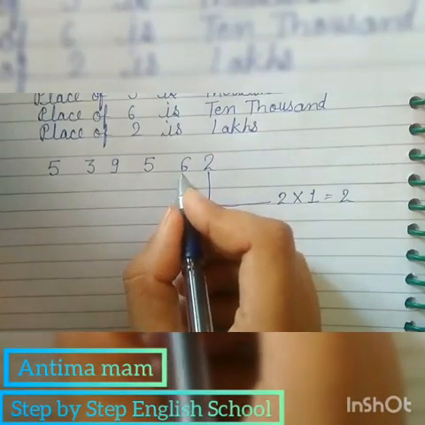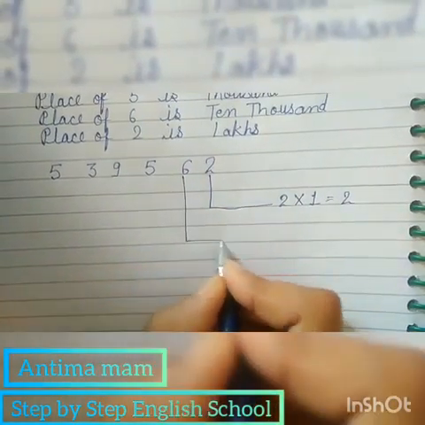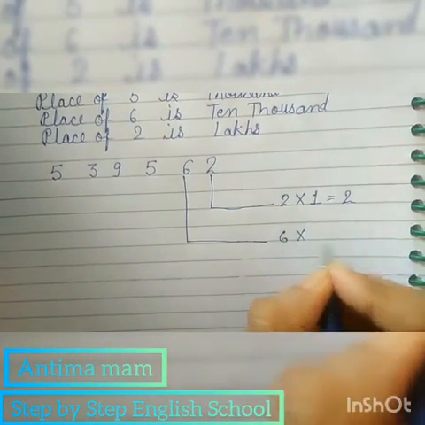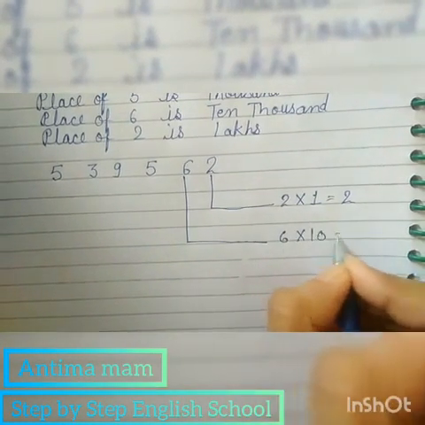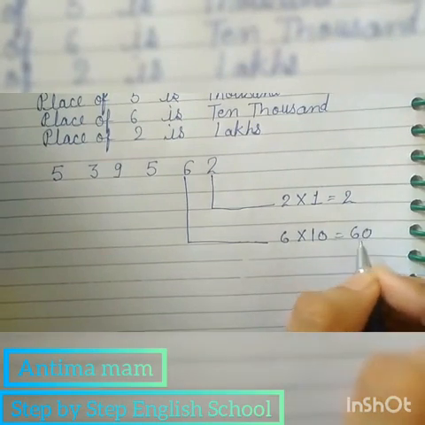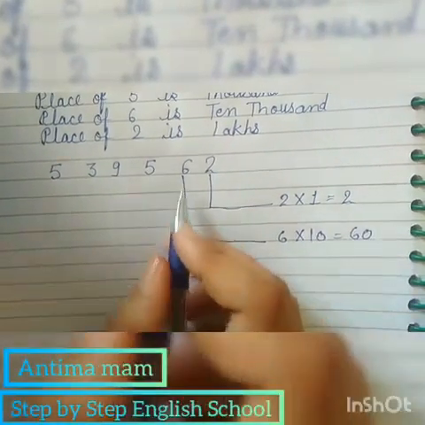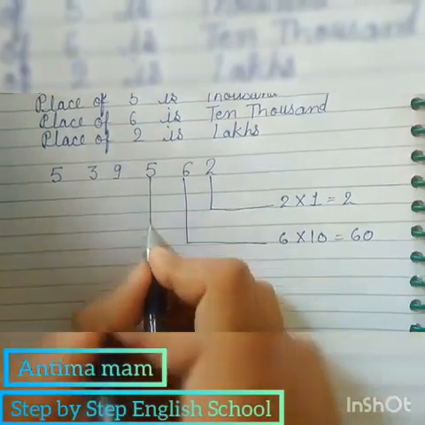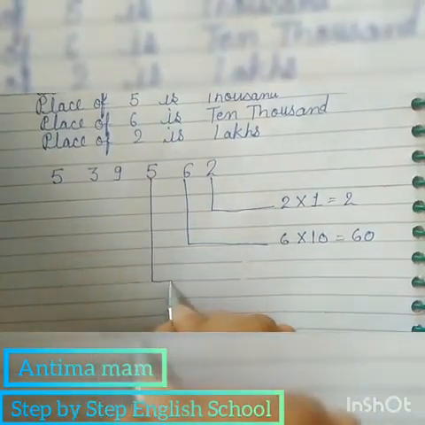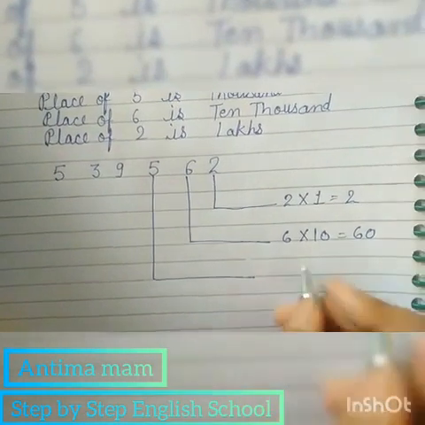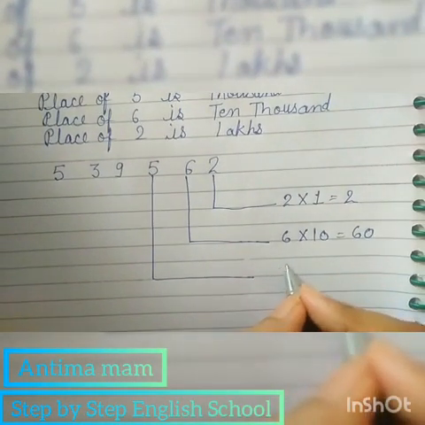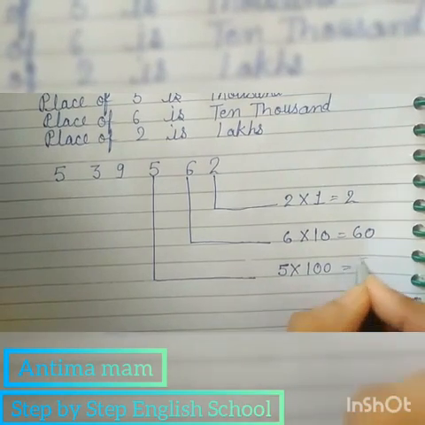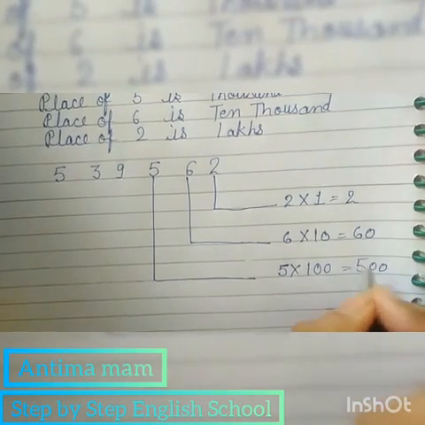Place of 6 is tens, so we multiply 6 by 10 is equal to 60. Place value of 6 is 60. Next 5. Place of 5 is 100, so 5 multiplied by 100 is equal to 500.